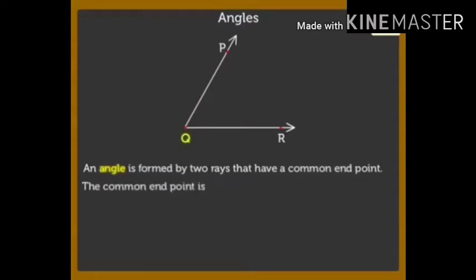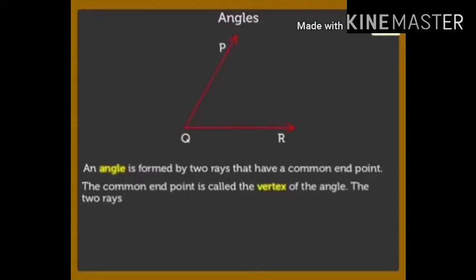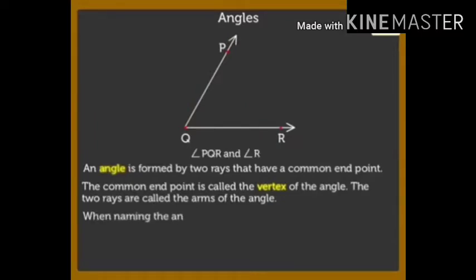The common endpoint is called the vertex of the angle. The two rays, that is QP and QR, are called the arms of the angle. When naming the angle, the vertex is always written in the middle. Angle PQR and angle RQP.